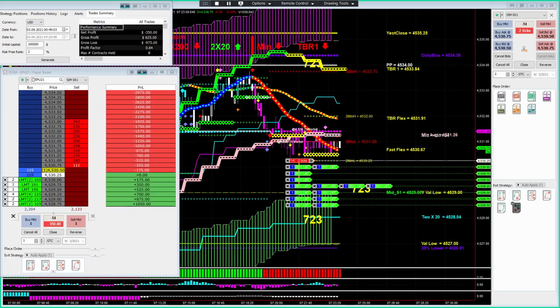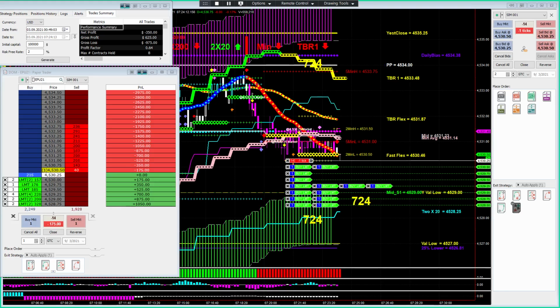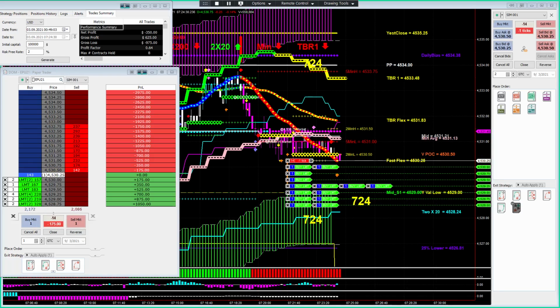We're underneath VWAP. Come on down. As it comes down, it will try to help me out. And we're on sim, and so it takes a while to exit.